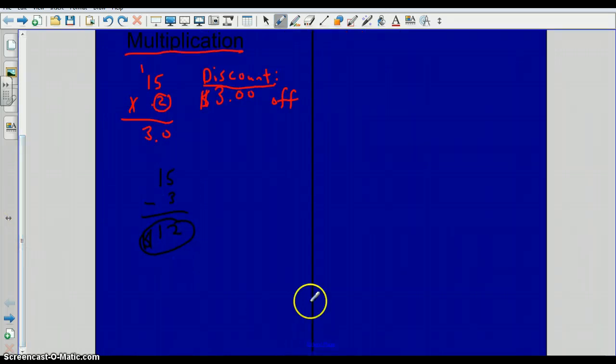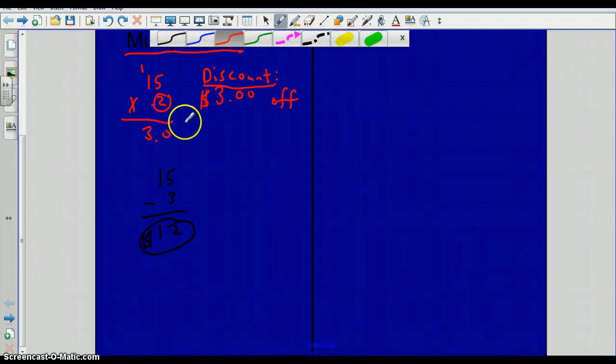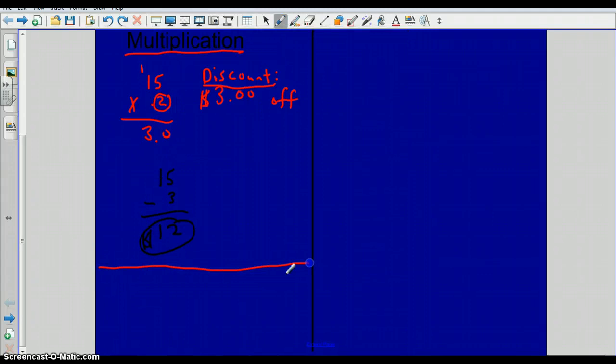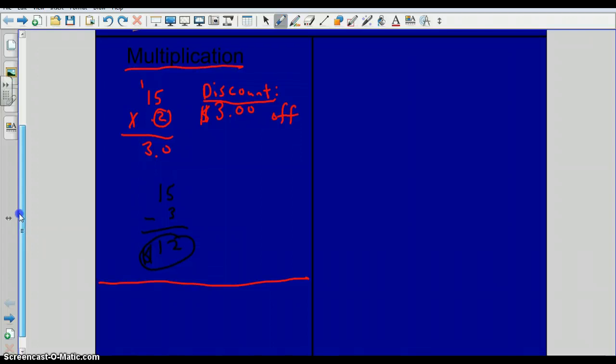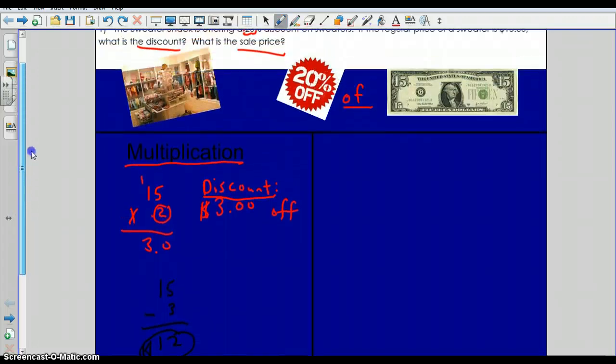Now, just to expand on that method, you could do it another way. Don't let this confuse you though. If this is at all confusing, you don't need to know this. But if I'm in a store and I'm doing this, I don't do it exactly like this. I do it a little bit different because it's easier to do mentally.